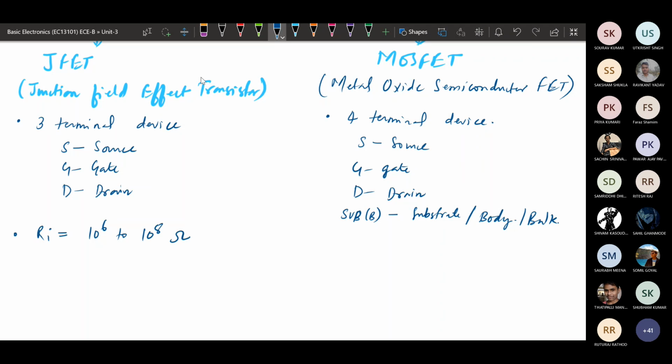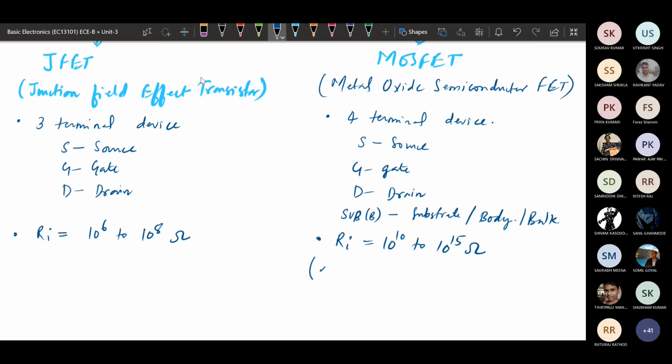In case of MOSFET, the input resistance is in the range of 10 to the power 10 to 10 to the power 15 ohm. So it is the device having the highest input resistance.